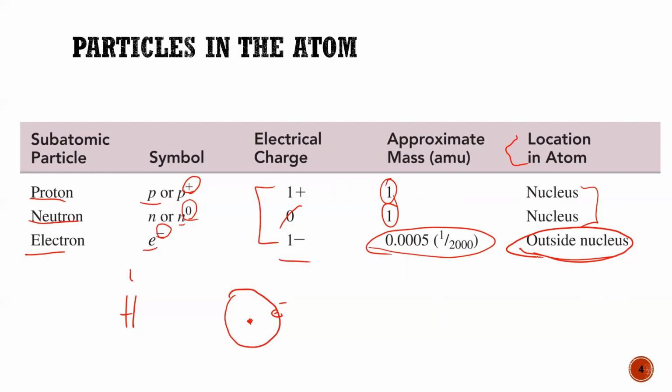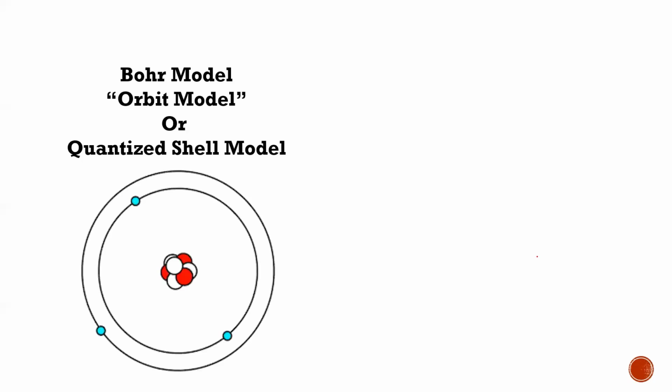In the coming videos, we'll be discussing a few other models, which a lot of people are really comfortable with. The Bohr model, where the electrons are positioned in fixed orbits, is very different from the nuclear model that I just talked about. Basically, the fixed orbits are fixed in size and energy.